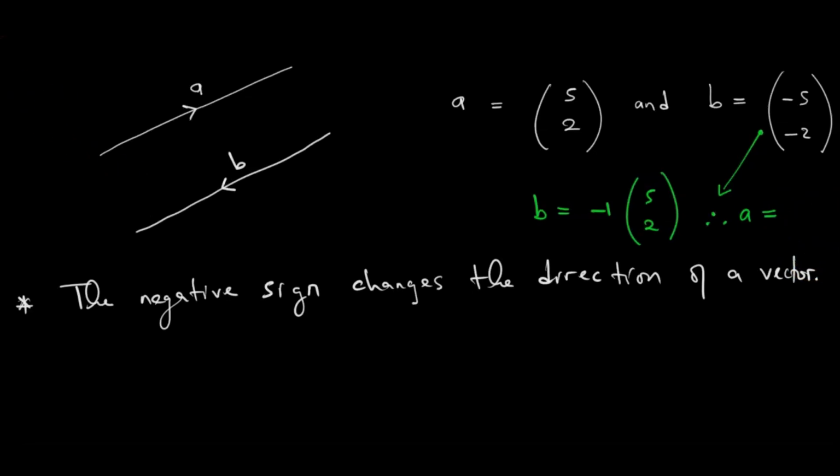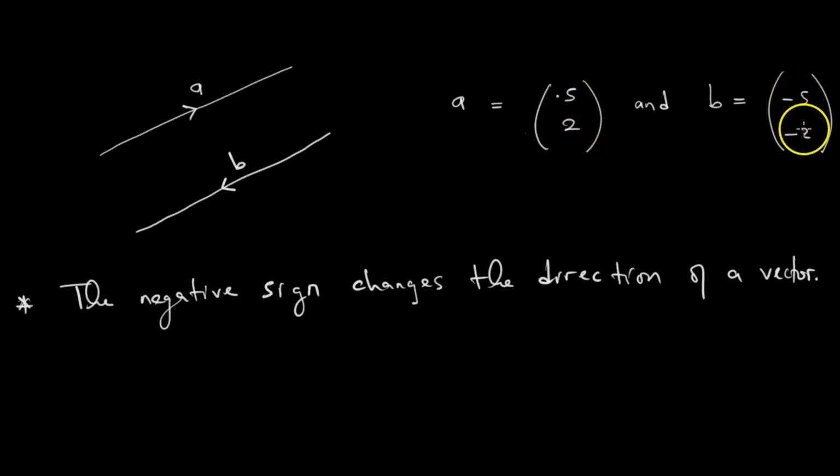So what we need to grasp here is that if we want to reverse the direction of a vector, we go inside the vector and change the sign, and we change the sign of both numbers, both the x and y components. A is equal to 5, B is equal to minus 5; A has 2, B has minus 2. So we have changed sign. This is a positive, here it's a negative.